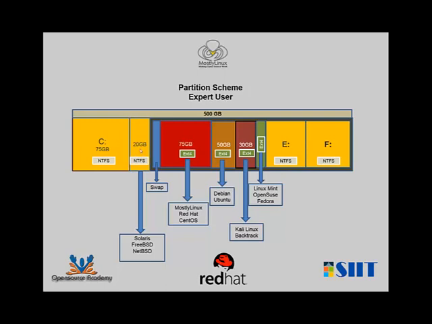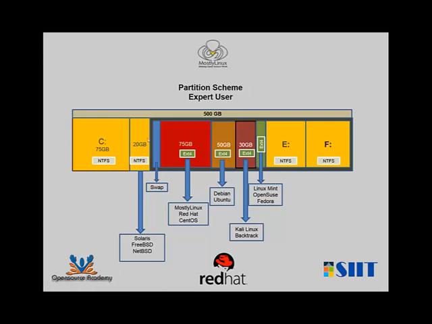Now why have I created this partition? As you become an expert in Linux, you may well feel like experimenting with Unix operating systems like Solaris, FreeBSD and NetBSD. Now these operating systems get installed only on a primary partition. So if you have a primary partition well in advance, you can experiment with them.